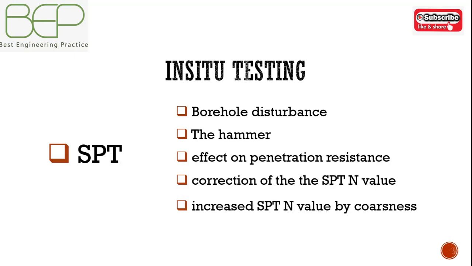The SPT N value is increased by soil containing coarse particles. Since more correlations have been obtained for sands, tests in gravels may give over-optimistic results. The SPT test is far from perfect, but it can be used in almost all soils, and a small sample is obtained for visual description.